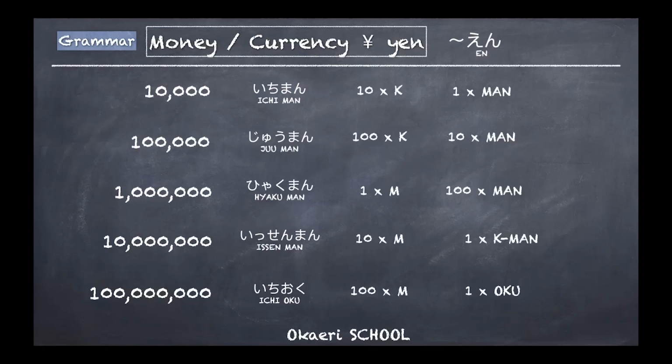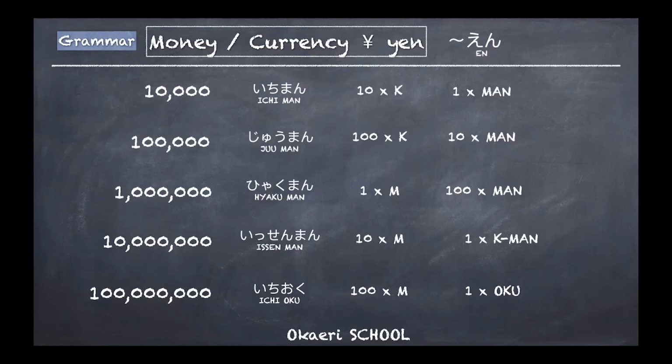So 1 man, right? But then 10万, 100,000, we say 10 man. 100万, in English there is another name. Million, right? 1 million, 2 million, 10 million.